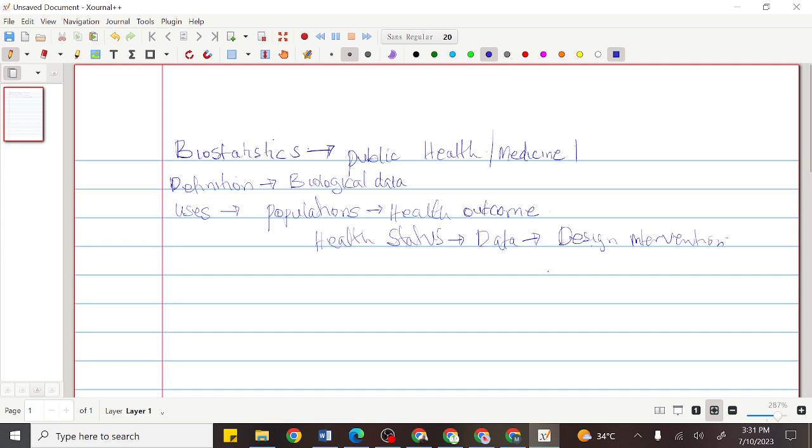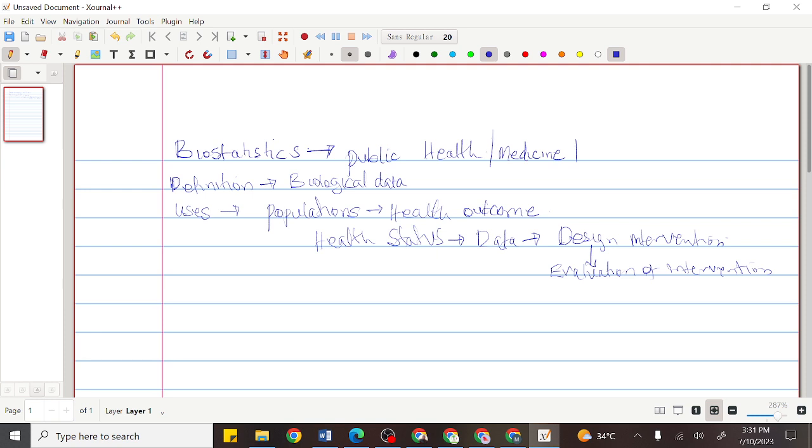And therefore, again, after designing these interventions, we need to evaluate these interventions. Okay, is health education better than distribution of mosquito nets? Or is clearing of the bushes much more effective than any other intervention for preventing malaria?